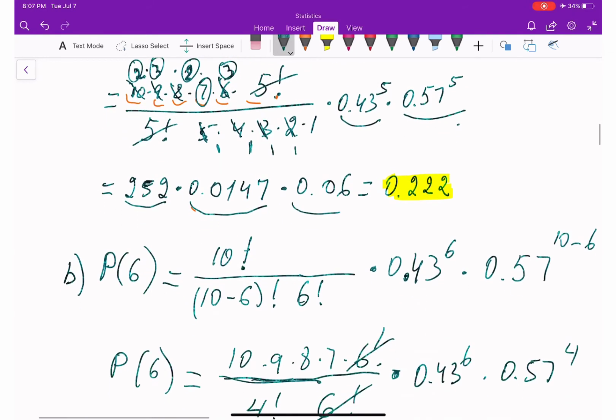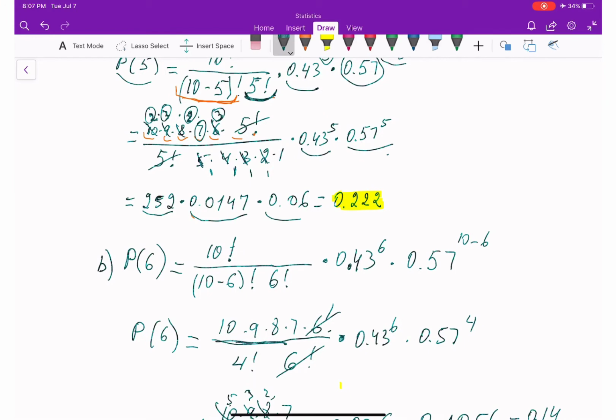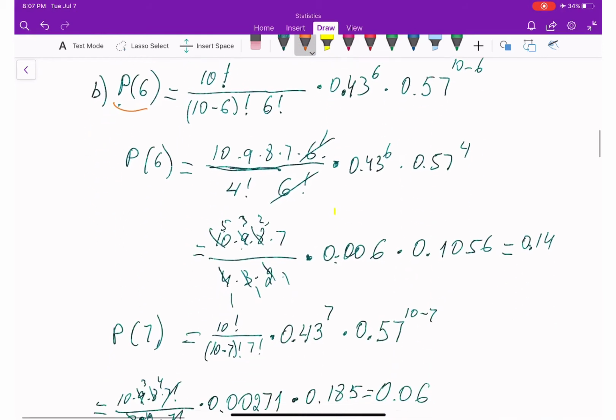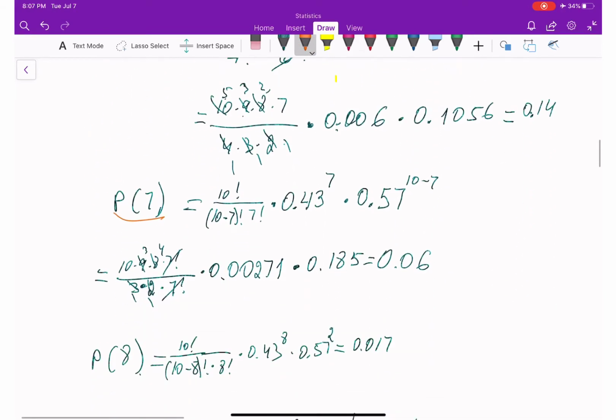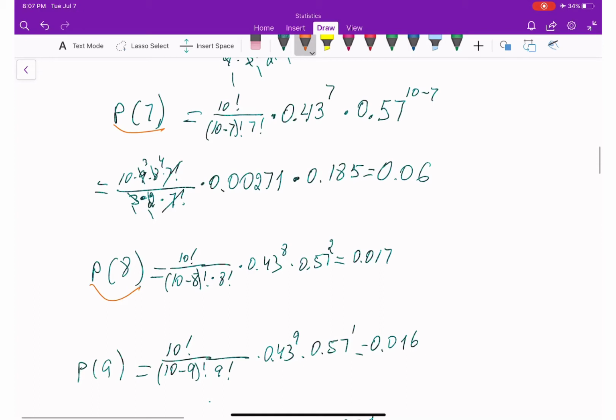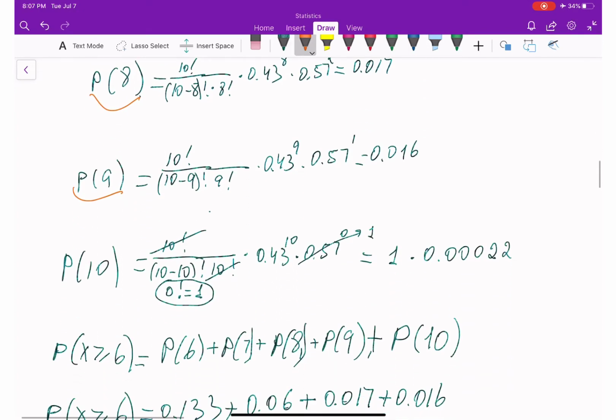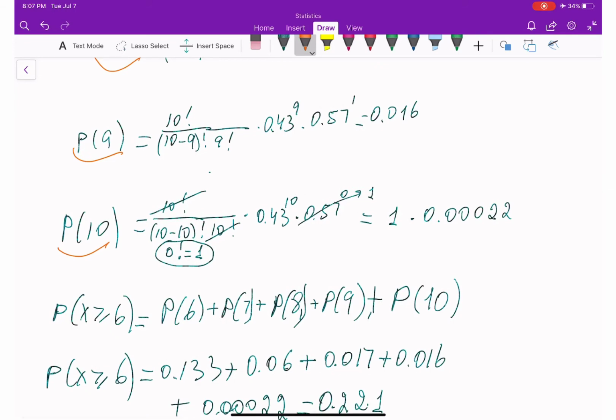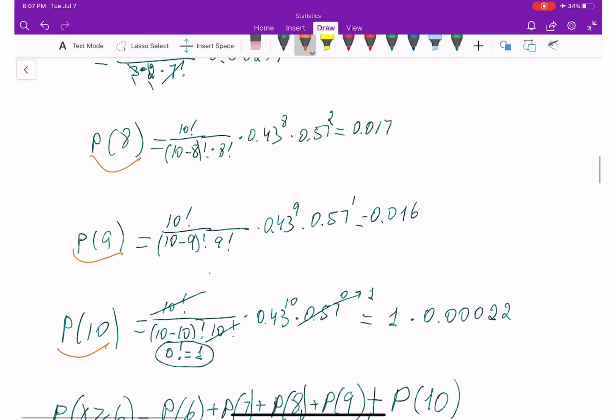So at this point, at least 6, I'm going to calculate the probability from 6, from 7, from 8, from 9, from 10. And then at the end, I'm going to add them up because it's greater or equal to 6.